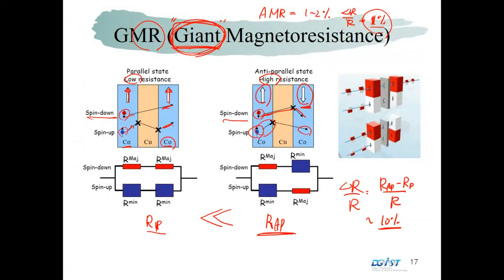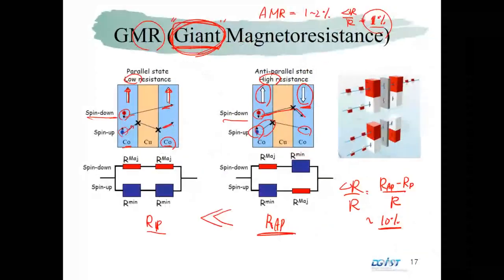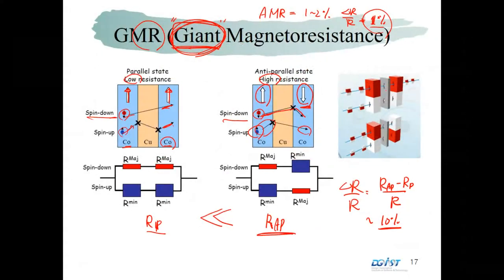So in the very extreme case, in the parallel case, this spin can pass through, while this spin cannot pass through. And in the anti-parallel case, we have a pass through here, but they are blocked here, and the electron is blocked here.